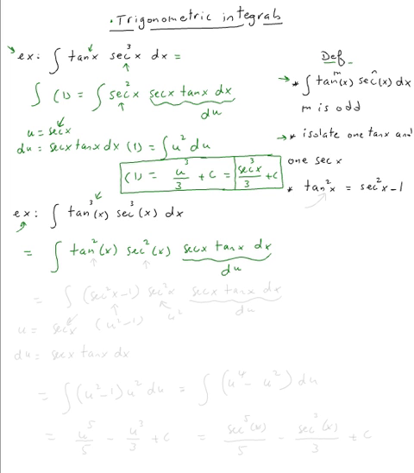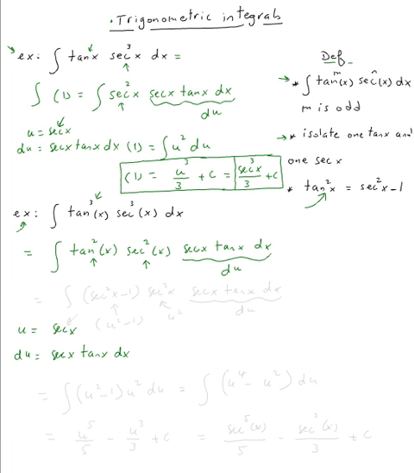In other words, we want the u to be the secant, right? Why secant? Because du will be secant tangent. Now we have a problem. This will be u squared, but what about tangent?